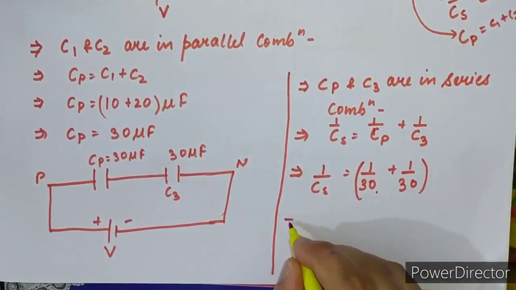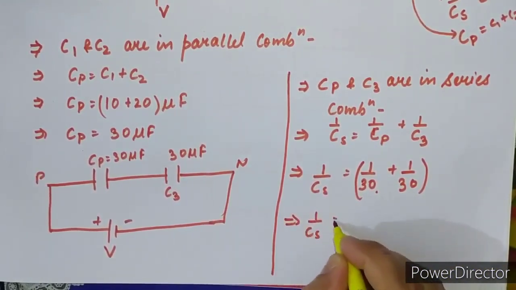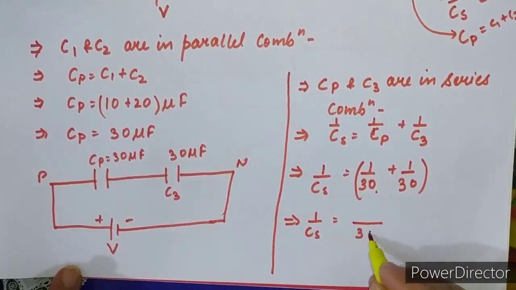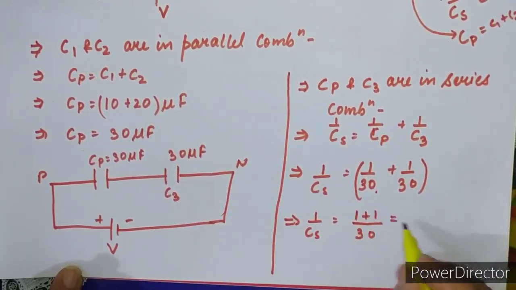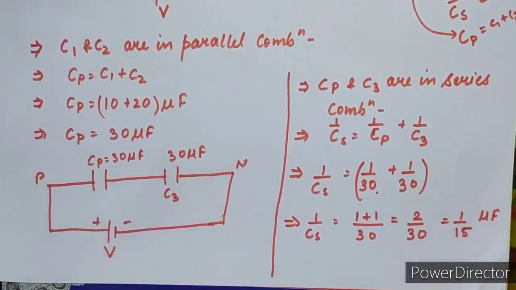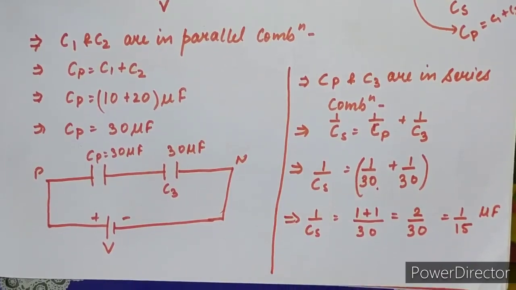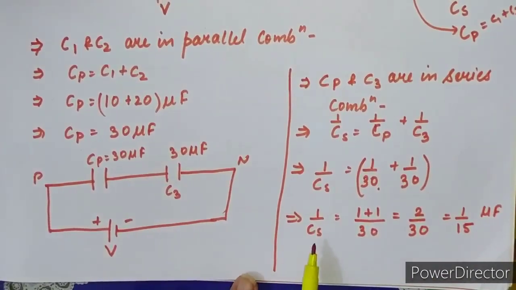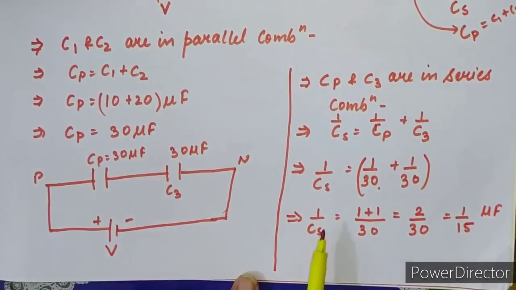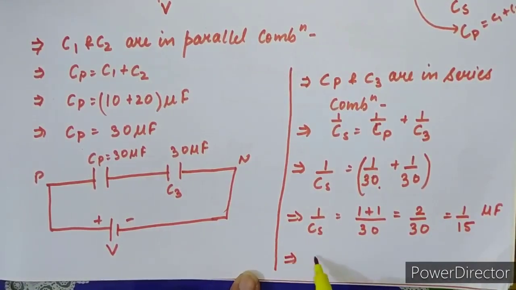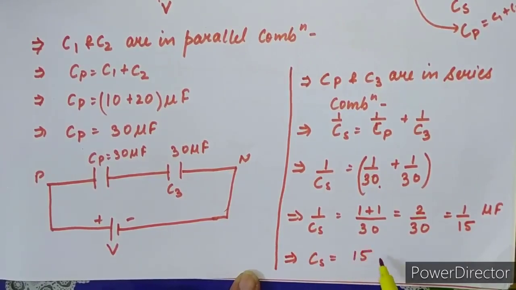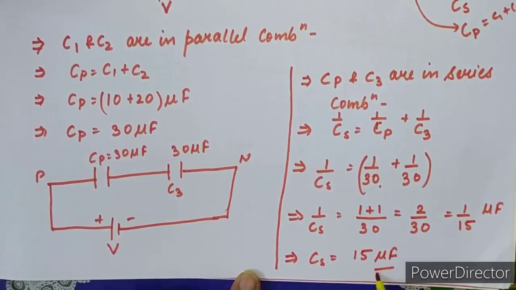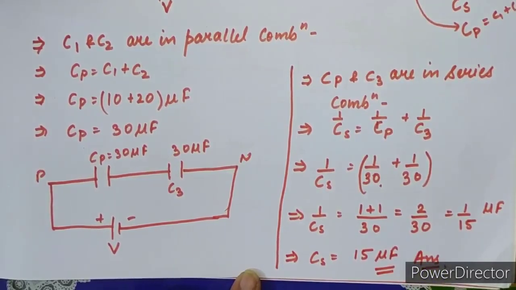Take the LCM, 30 will be the LCM. 1 plus 1, 2 upon 30, which is 1 upon 15 microfarad. But now what we have to do? We have to find the value of Cs, not 1 upon Cs. So Cs is equal to 15 microfarad. This will be our answer.